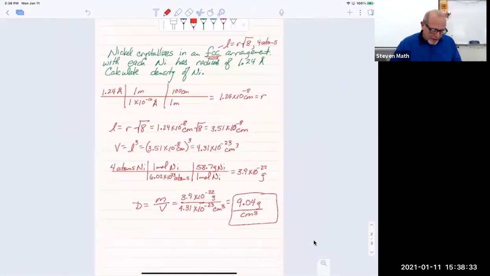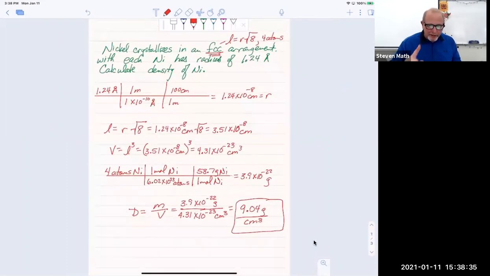So you can see that by looking at the unit cell, being told how it's bonded, FCC, we know L equals R radical 8. And we know it's nickel, so we know its molar mass. And by knowing the radius of 1.24, we can get from radius to length, length to volume, and we can go from 4 atoms, because it's FCC, atoms to moles, moles to grams, put grams over volume, we've got density.